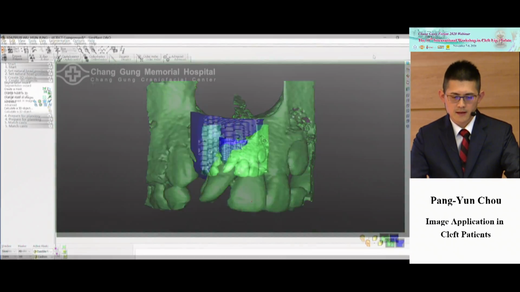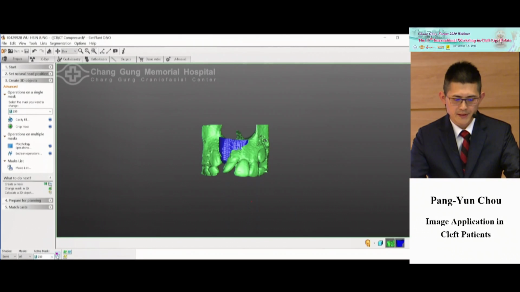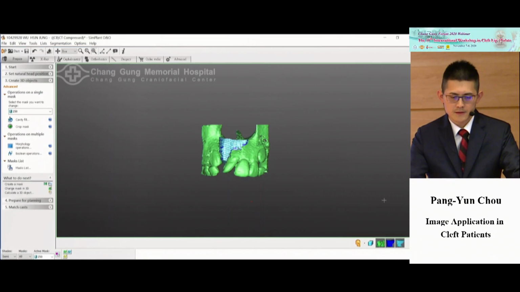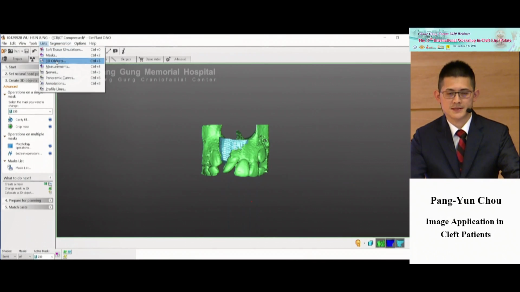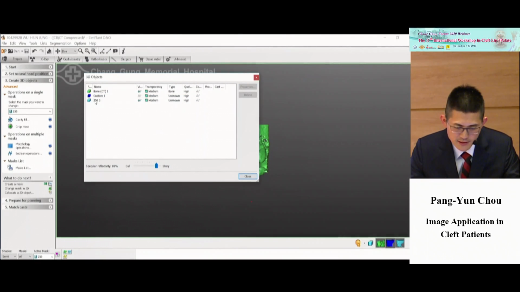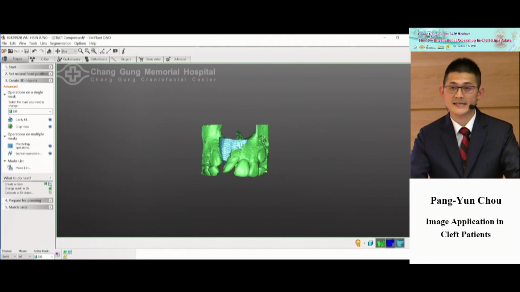And then the volume is around 1.2 milliliters. So with around 40 cases, we can do this kind of measurement. You can see 1.13 or 1.6 milliliters is needed in these volumes.